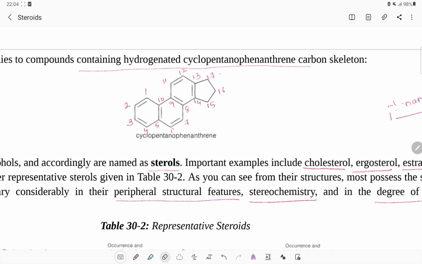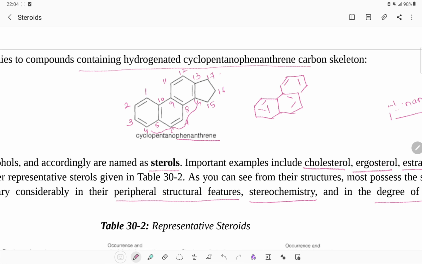Now, why is this named the phenanthrene system? If I look at this ring structure, I can draw a naphthalene structure and then comes the phenanthrene structure.